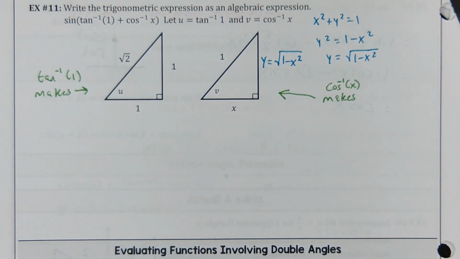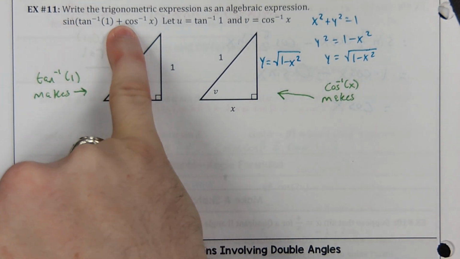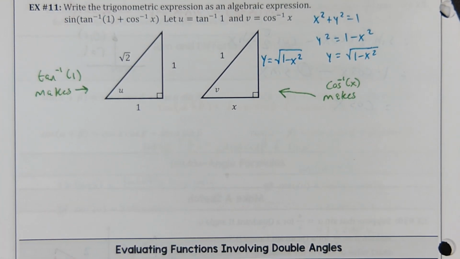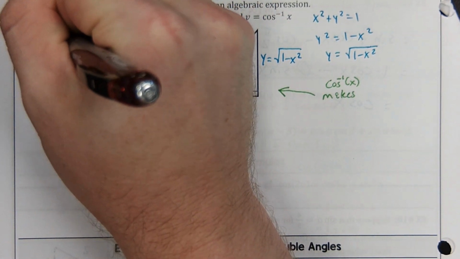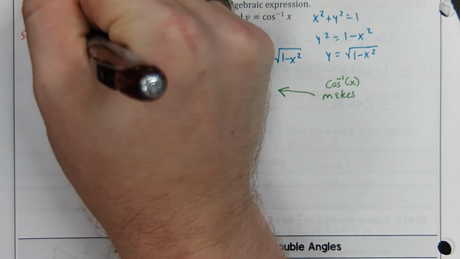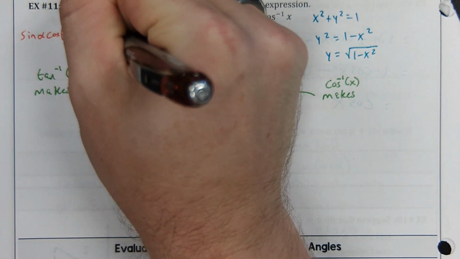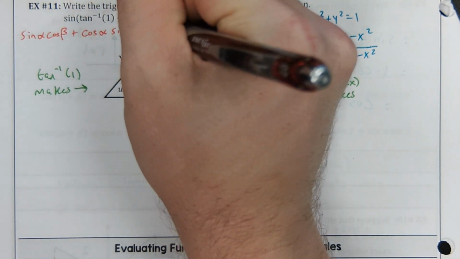We are ready to use the sine sum identity. I'm going to write it down, and I'll just write the plus sign. No way around it.